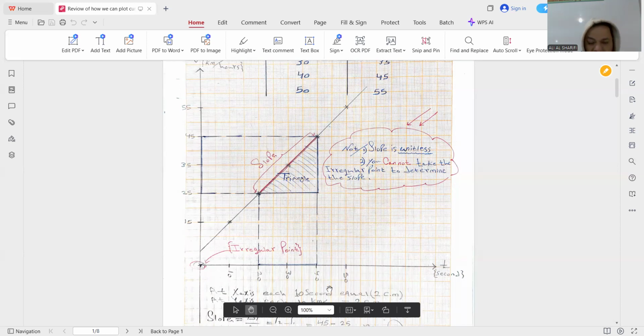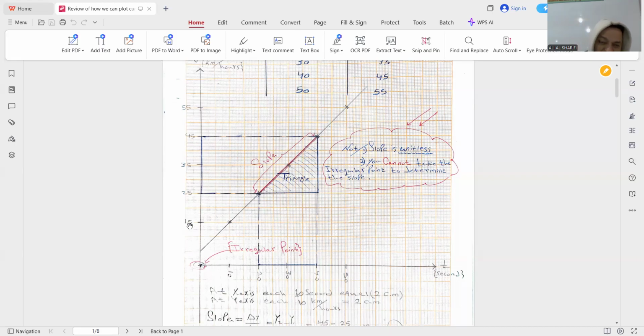By that, for 50 seconds, I need just 5 centimeters. The same thing for velocity on the y-axis. I said every 1 centimeter equals 5 kilometers per hour. By that, 15 equals 3 centimeters. And go on.